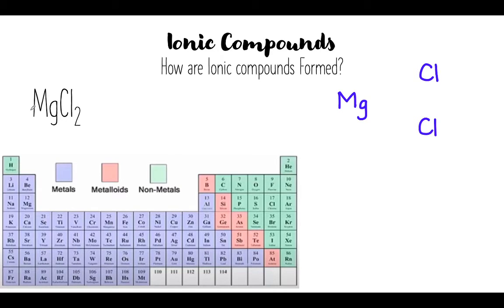So because magnesium is in group 2, I know that it's going to have 2 valence electrons. I know that chlorine is in group 17, which tells me that it's going to have 7 valence electrons. And that's going to be the same for this chlorine as well.